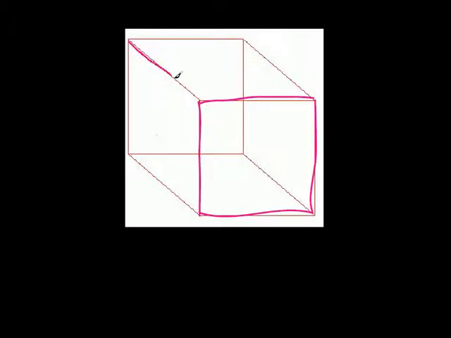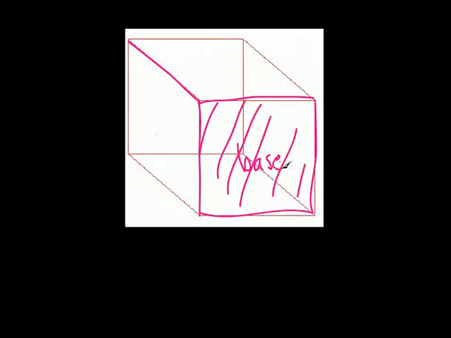This slanted one right here. Do you see that? That's how tall. So if it was sitting on this, and that was your base, which one would your height be? It would be that one right there. You okay with that? All right. So that's how you do a prism. That's the surface area of a prism.